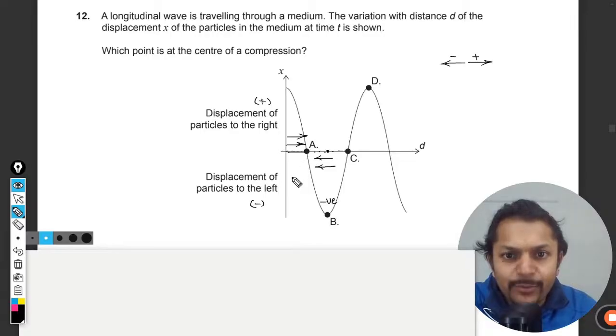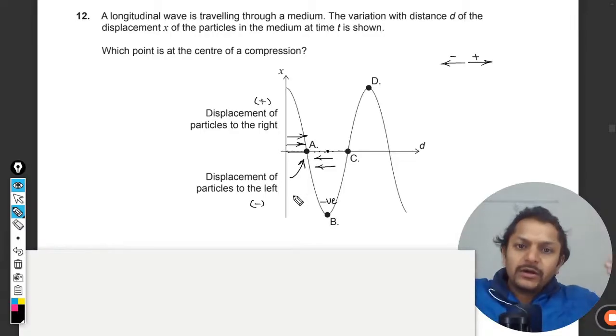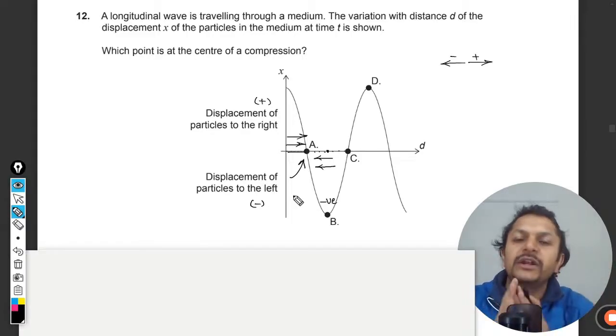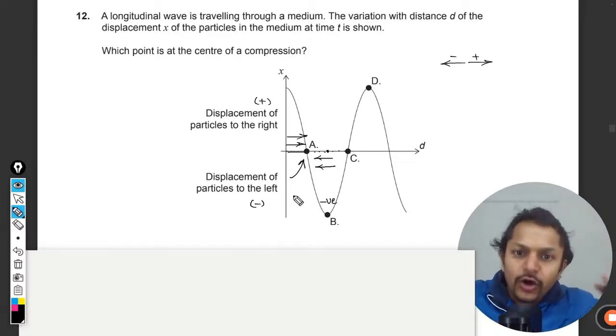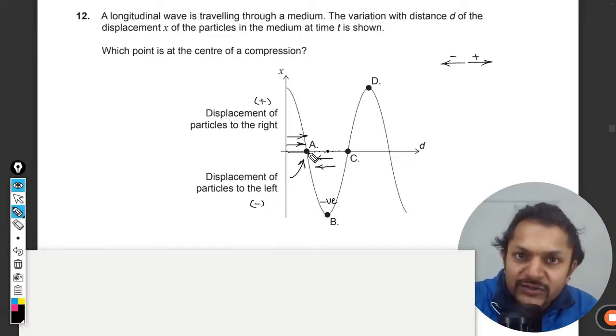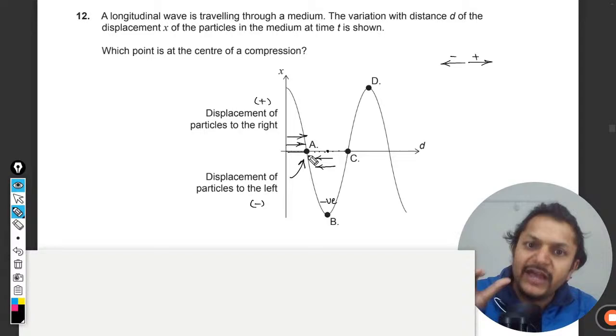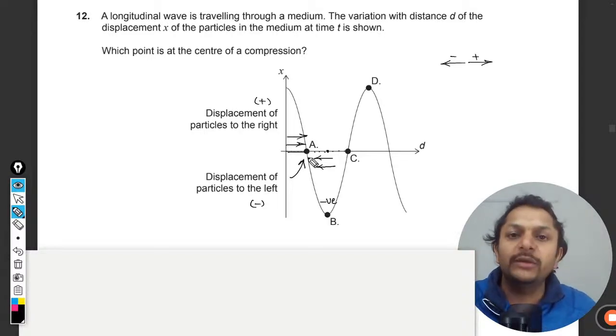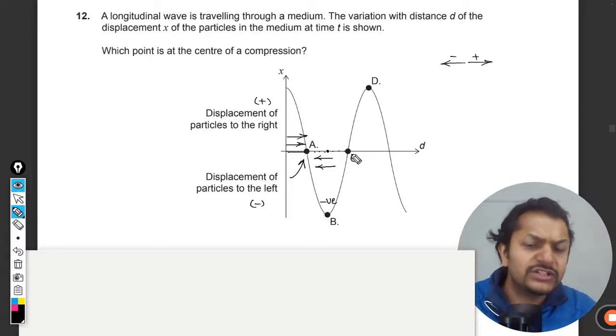Clearly, A is a point where compression will be there, because it is being pushed by the particles on either side. On this side as well as on this side, they are all coming together and pushing this particle at position A. So A becomes a compression. What about the C point now?